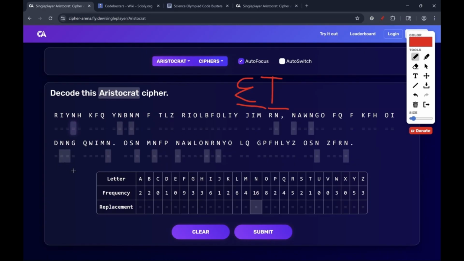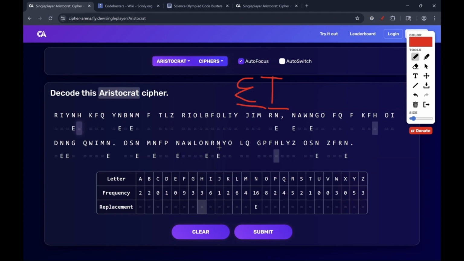You see it as a double letter here, which means it appears back to back. And you see these one gap instances where there's an N, a gap, and then another N. And usually as you solve more and more aristocrats, you notice that these types of instances more commonly than not decode to E's.